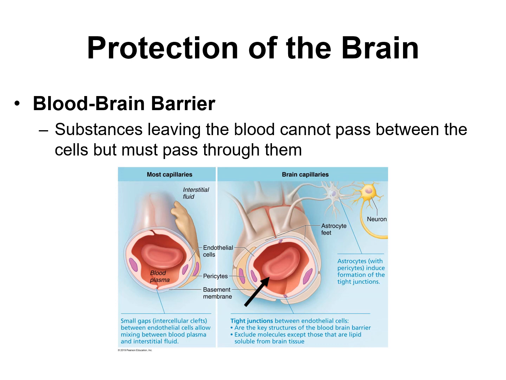Recall that lipid soluble substances can pass across the plasma membrane of cells. So lipid substances can easily cross the blood-brain barrier, not so much for water-soluble substances.